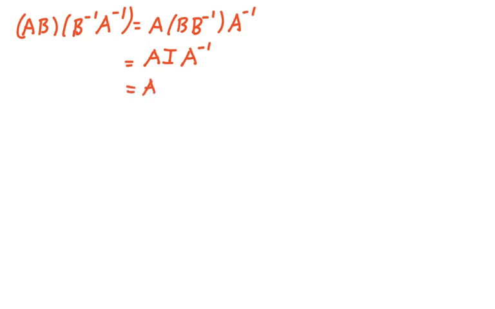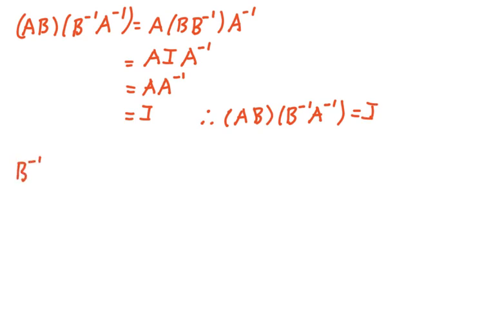But this is A A inverse, which is equal to I. So that's the first part. So therefore, if I take AB times B inverse A inverse, I get I back.